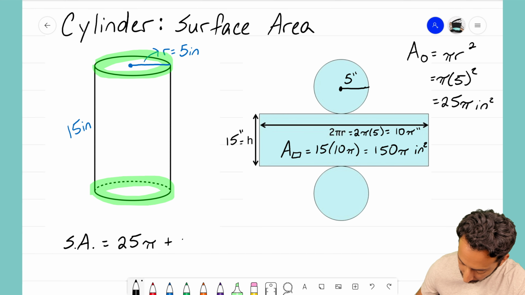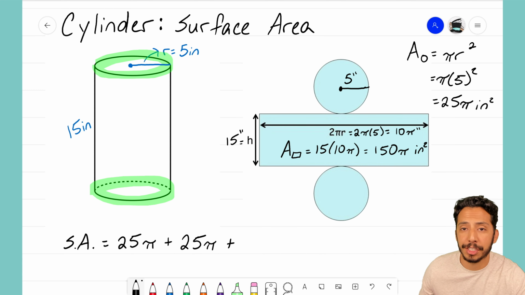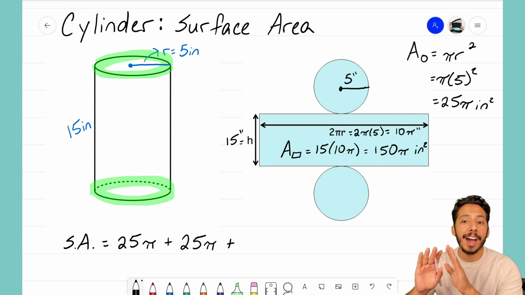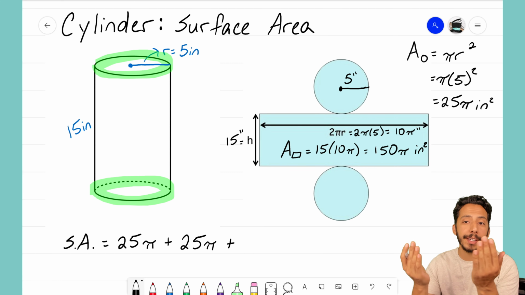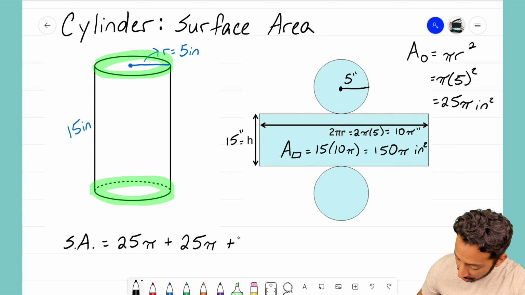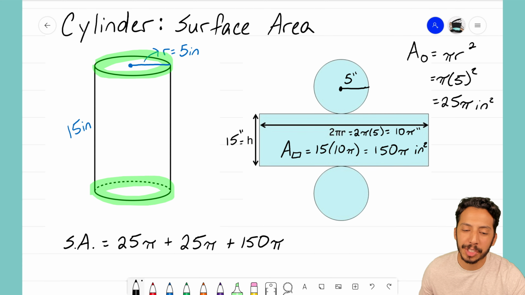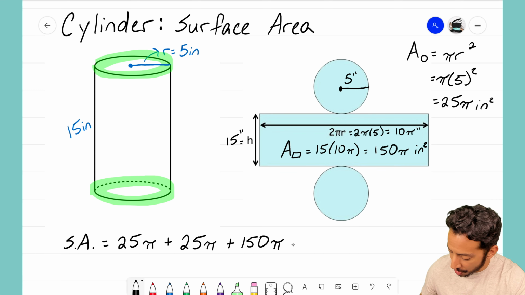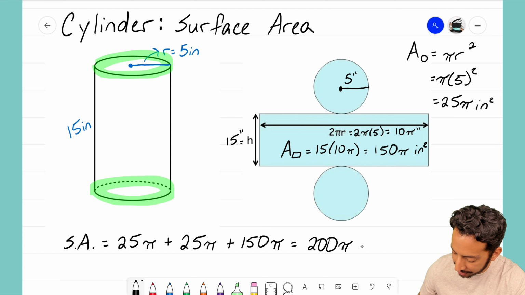That represents the top, this represents the bottom area, and then adding it to the area of the rectangle wrapping around the cylinder, 150 pi. We add all of those up, 25 and 25 make 50, 50 plus 150. Our total surface area is 200 pi square inches.